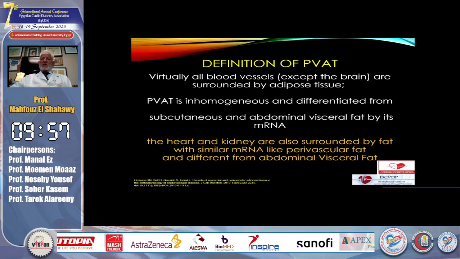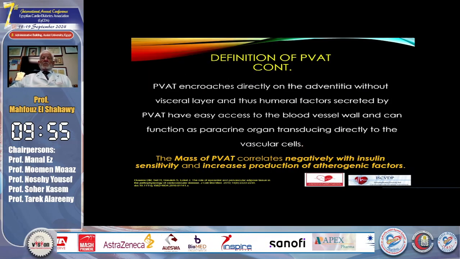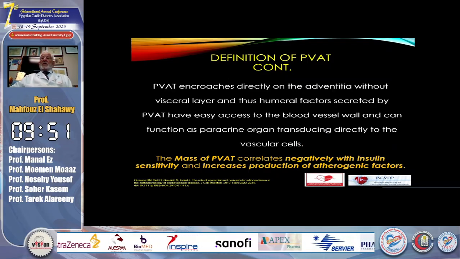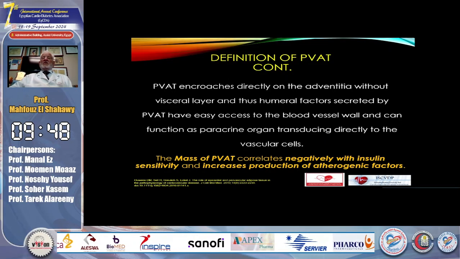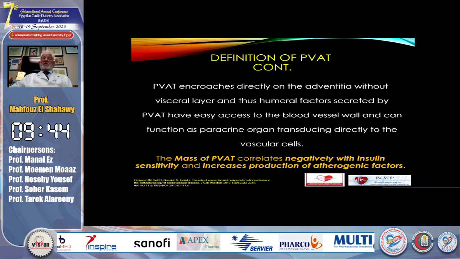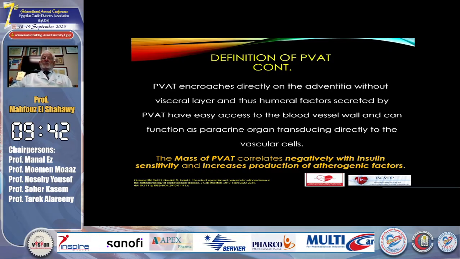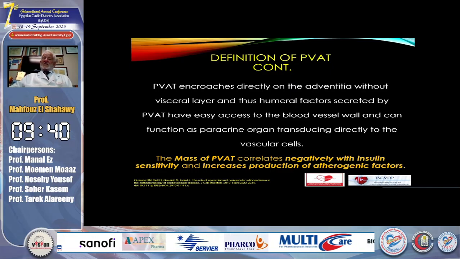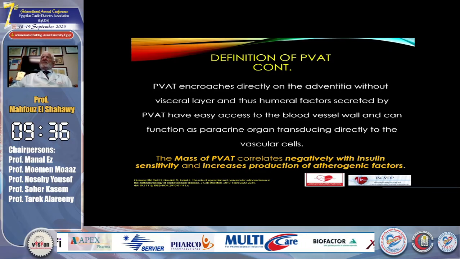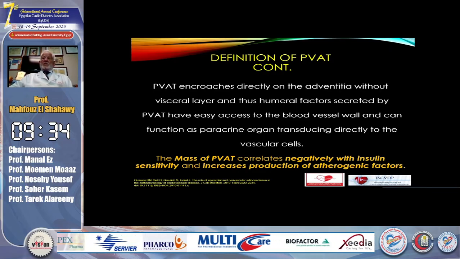It encroaches directly on the adventitia without a visceral layer, and thus humoral factors secreted by perivascular adipose tissue have easy access to the blood vessels and accordingly act as a paracrine organ, creating a problem.